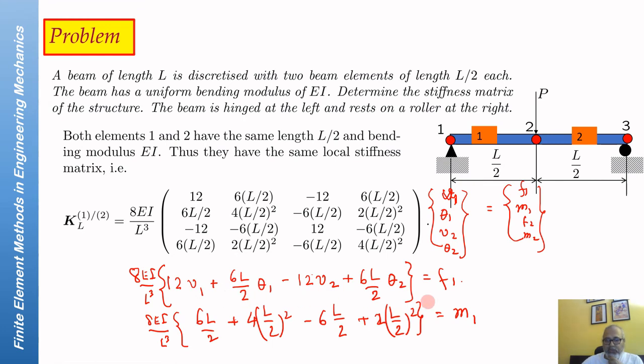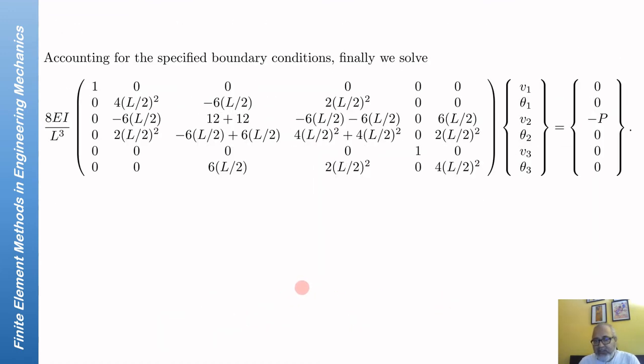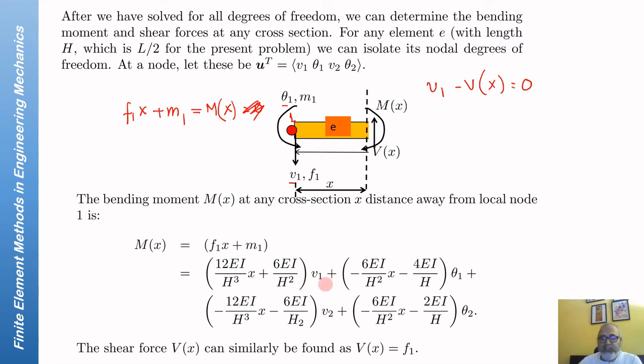So this would be M1, this would be F1, out of which we know that V1 of course has to be 0. Sorry, this is into V1 into theta 1 into V2 into theta 2. Forgot that. So out of which I know this is 0 anyway because V1 is always equal to 0, and the rest of it gives me F1 and M1. So if I now rearrange it, this is what I will get.